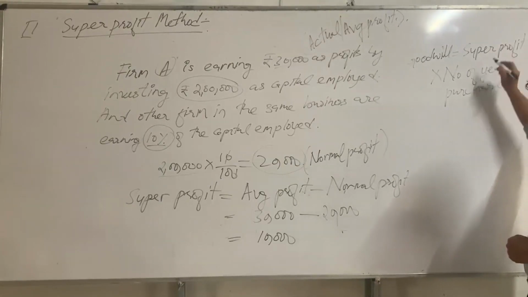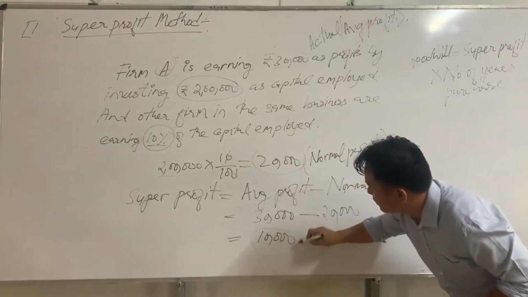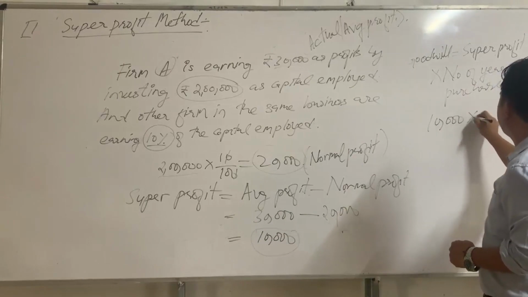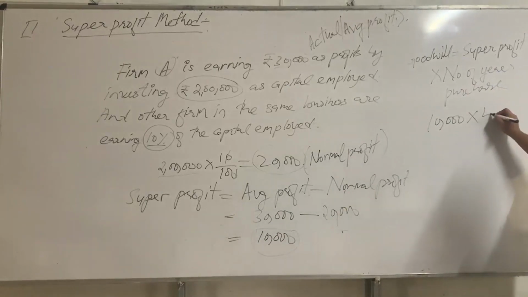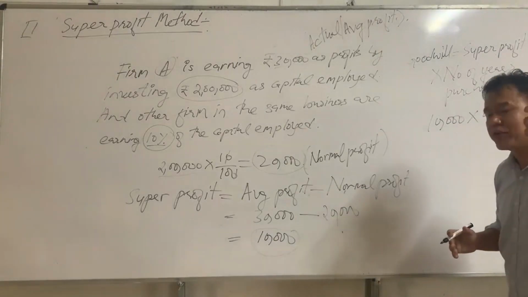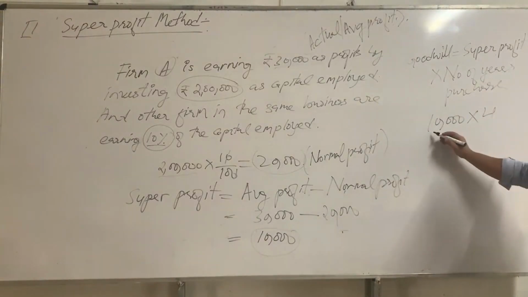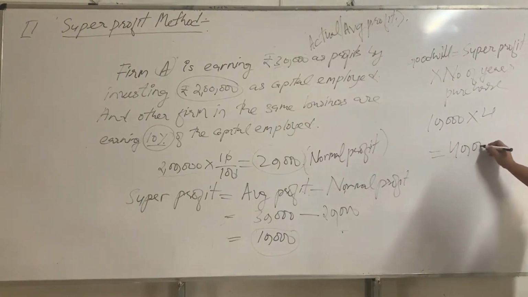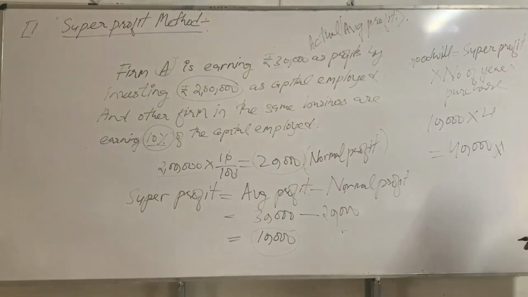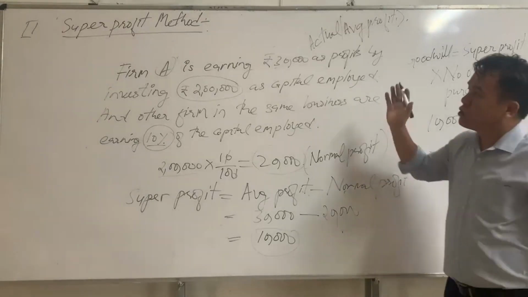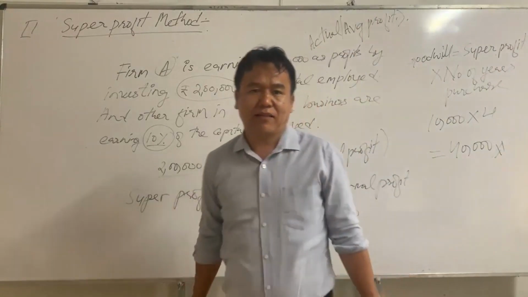So what is super profit? Super profit of the firm is 10,000. And what is number of years purchase? 4, as we have assumed that goodwill is calculated at 4 years purchase. So if we multiply 10,000 by 4, how much do we get? We will get 40,000. So this is how we calculate the firm's goodwill by using the super profit method.